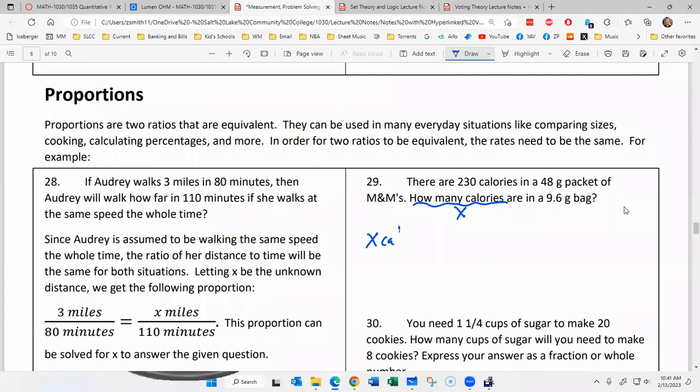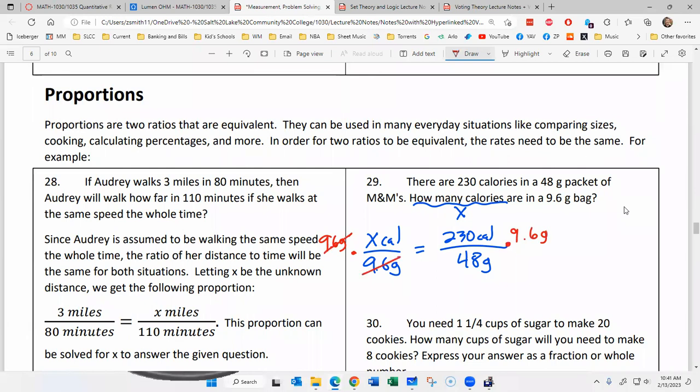X calories are in 9.6 grams. So we now have calories on top, grams on bottom. We go to the previous full complete statement, which is 230 calories in 48 grams. To solve for X, all we need to do is multiply by the 9.6 grams. Both sides, you have to multiply both sides of an equation to keep it in balance.